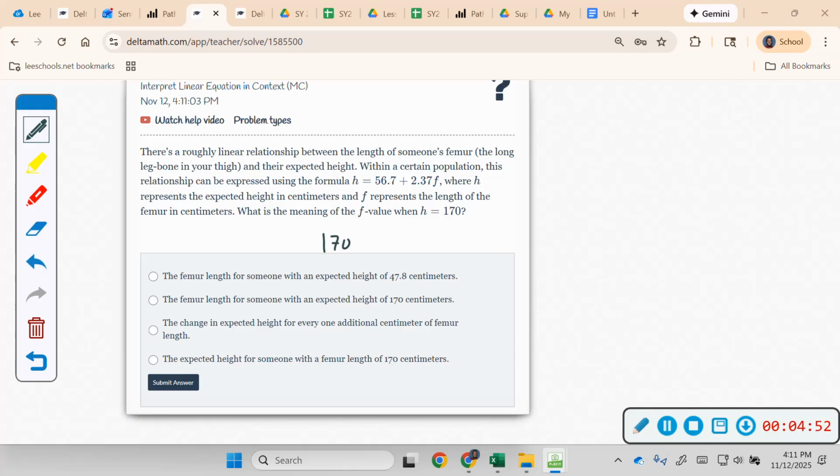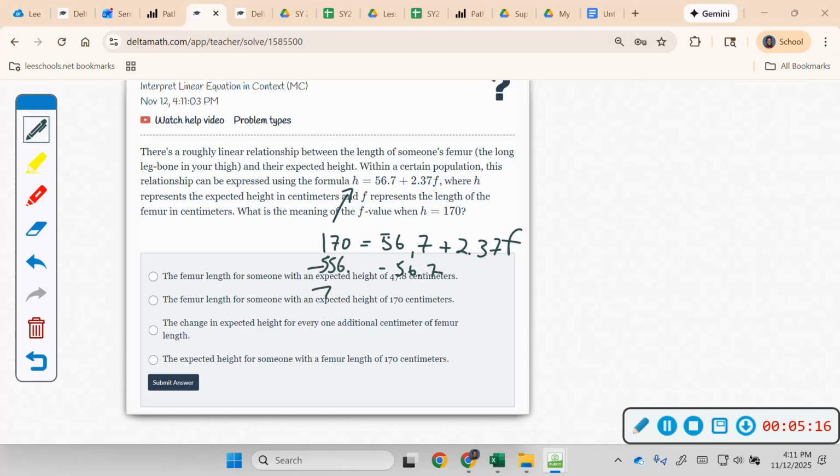So if I replace h right here with 170, what will my result be? Well, I'll try to solve for f. I can find what f is by subtracting 56.7.